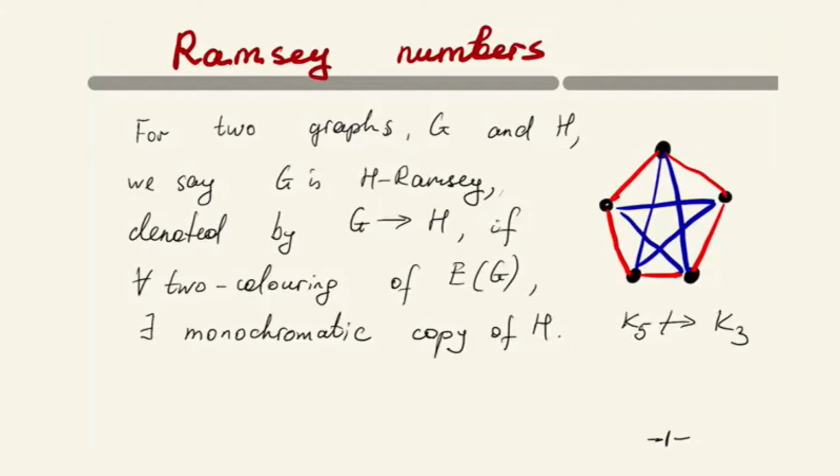In fact, one can show that K6 is Ramsey for K3, which means that in any coloring of a complete graph on 6 vertices, there's always a monochromatic copy of the triangle K3.